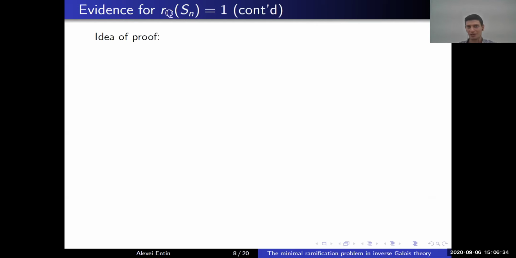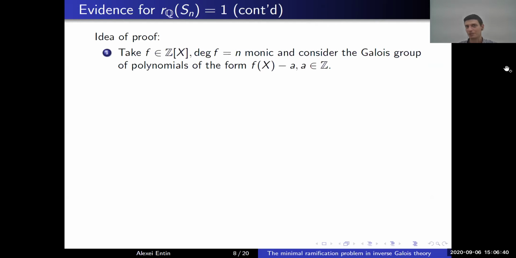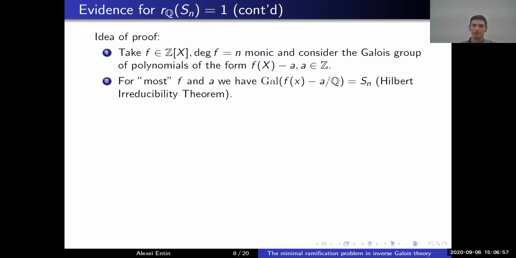Okay, so I'll briefly sketch the idea of the proof here. What we do is we take some monic polynomial of degree n and consider the Galois group of polynomials of the form f(x) minus a, where a is some integer. So this would be some subgroup of S_n with the action on the roots of the polynomial.